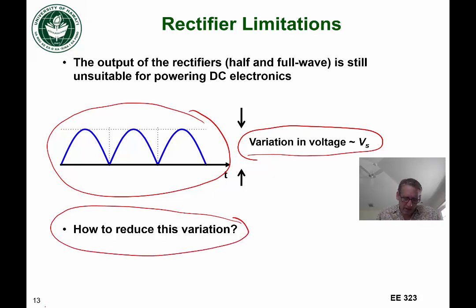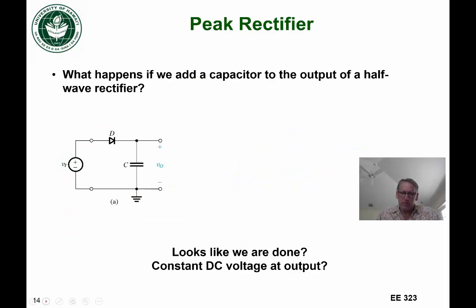So one way we can do that is pretty straightforward. We could just add a capacitor at the output. So what happens if we just take our half-wave rectifier and we add a capacitor? Well, during the positive half cycle, the diode is going to turn on, right?